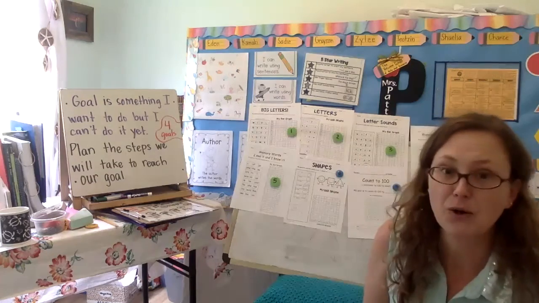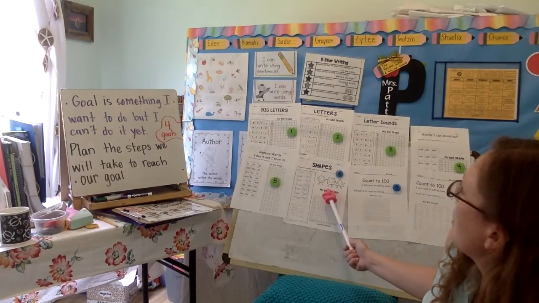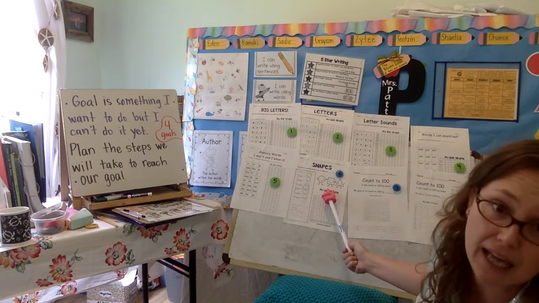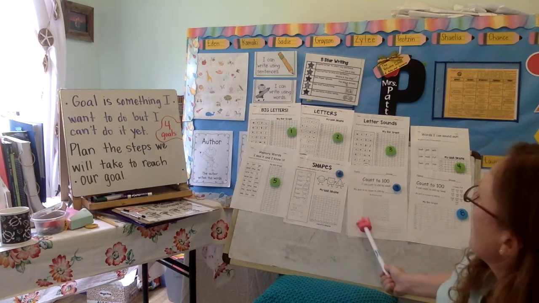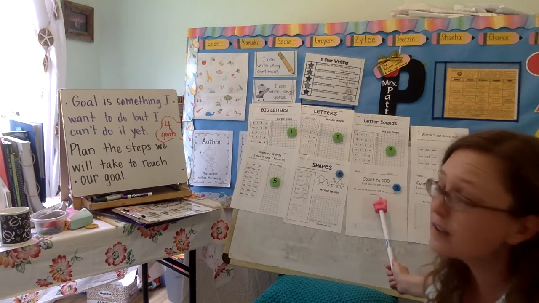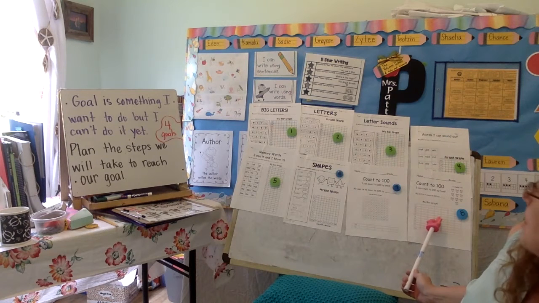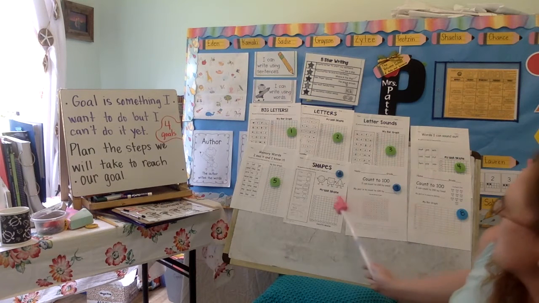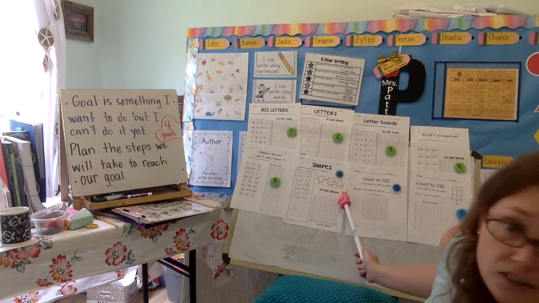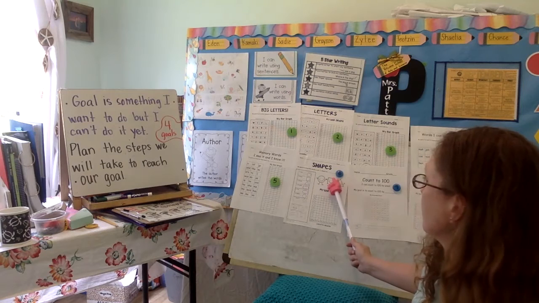We're going to move on to number 3. So for our third goal here, we have 3 choices. This one says, I know all my shapes, my 2D and my 3D shapes. This one is counting to 100 by ones. And this one is counting to 100 by tens. So we have number 6, knowing all our shapes, our 2D and 3D.